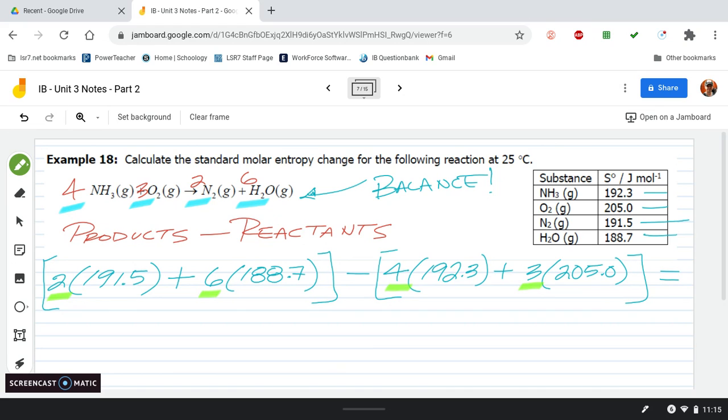So here we go. 2 multiplied by 191.5, hit enter.